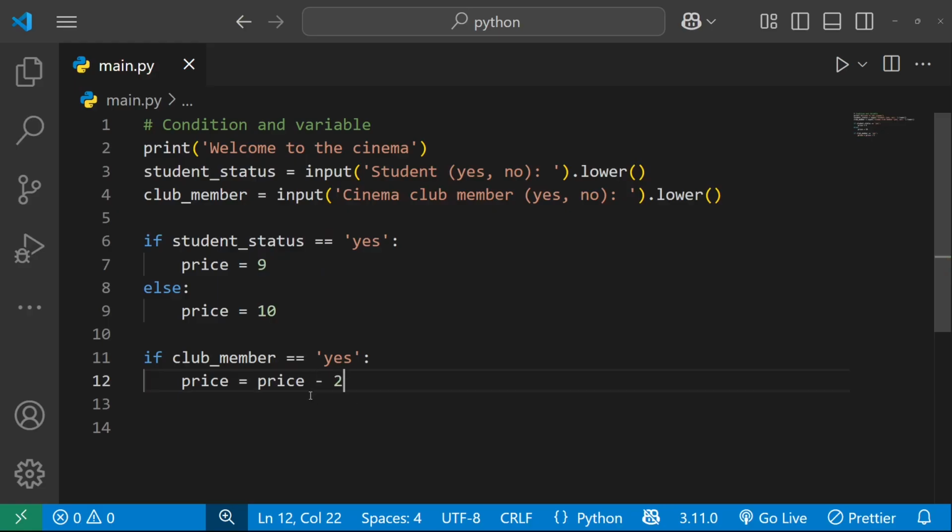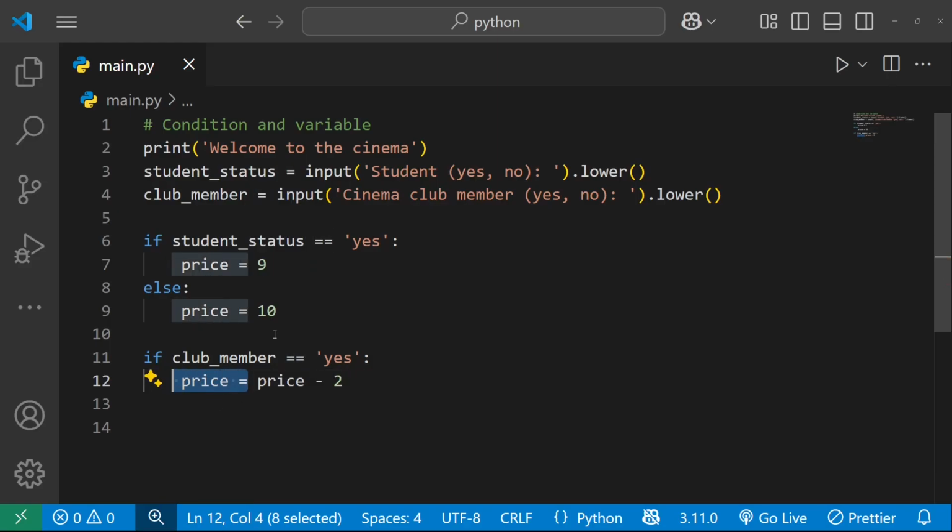You can't do anything like this, for example, or something different, because if you do something like this, you will erase the previous number from the price variable. So you need to take the price minus 2, the discount, and again save it to the price.